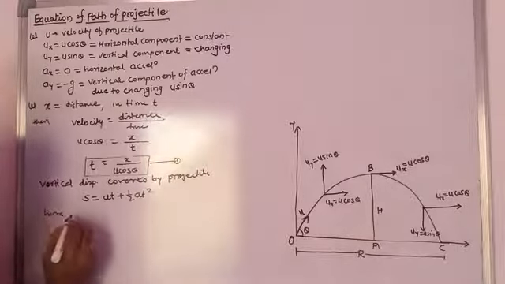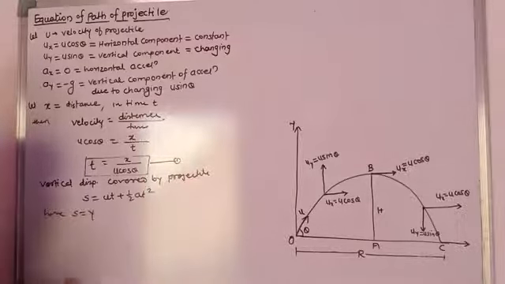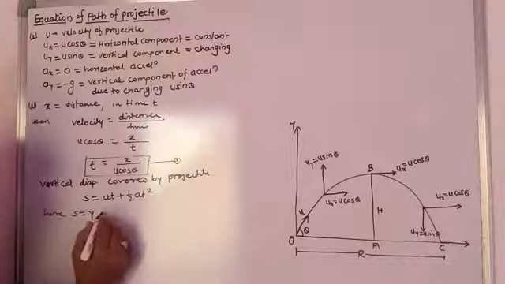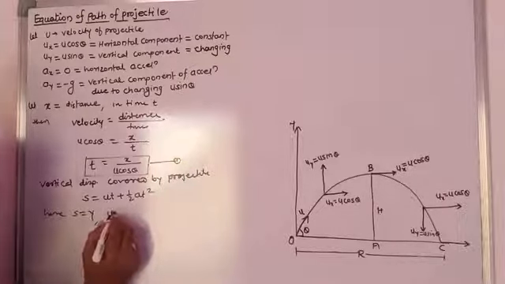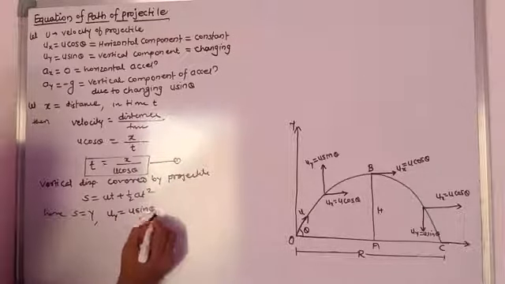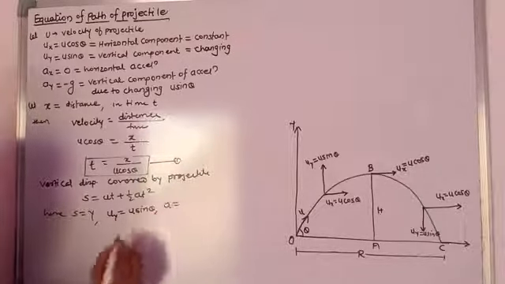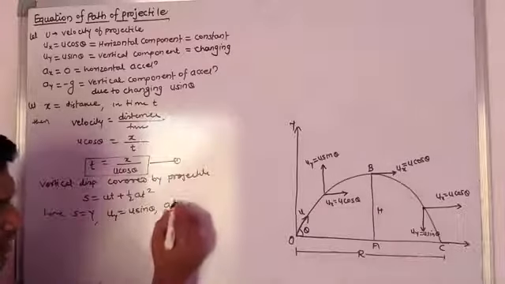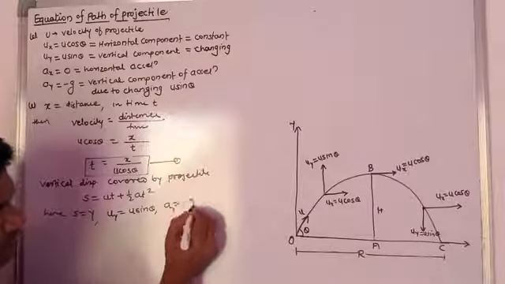Here s is the displacement and it is vertical displacement, therefore s is equal to y. Here u means vertical component of velocity, that is uy is equal to u sin theta, and a, that is vertical component of acceleration, ay is equal to minus g.